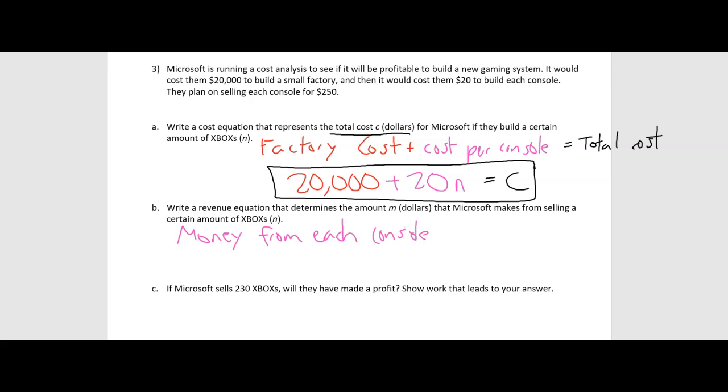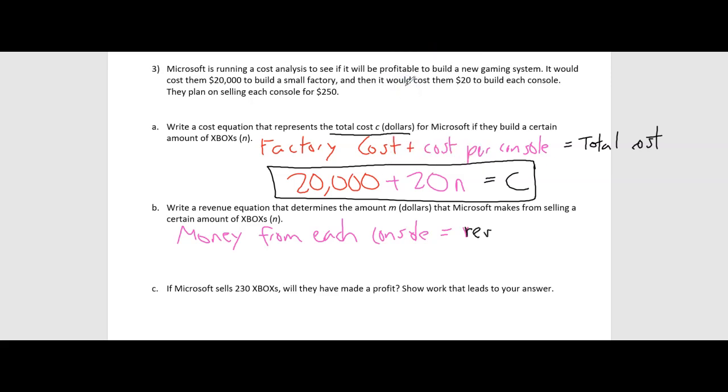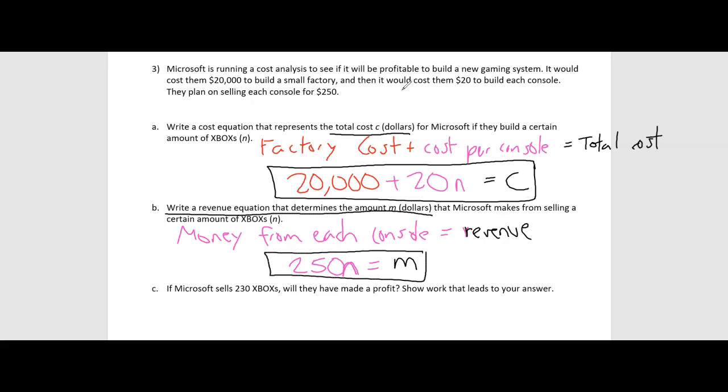And that is equal to the revenue. So the money from each console, or the money from each Xbox, is 250 times N, because that's the number that they'll sell. And it tells us that our revenue is going to be equal to M. That's what's going to represent our revenue. So there's our second equation. So we have two equations, one for the cost, one for the revenue.